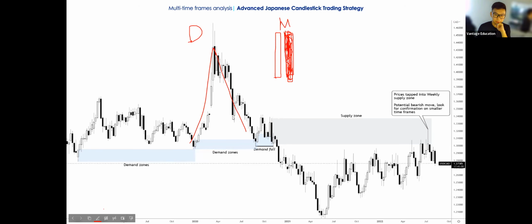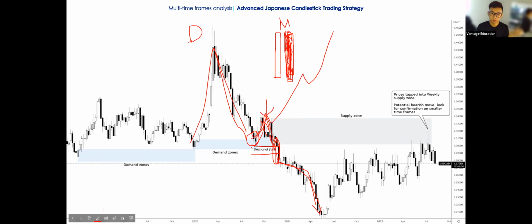So it comes down to this level. Our expectation is that this demand zone will hold and it brings the price up. But if it falls below this level, there's this cascading effect down, which means that there are a lot of pending orders here. Usually your stop losses or your sell stops or sellers entering here are pushing the price down.